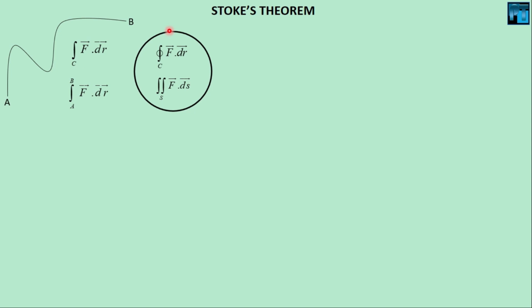So it is clear that whenever an open line closes, it encloses a surface. So any closed line actually represents an open surface. So what does it mean? It means that there is a relation between this closed line and this open surface, and there Stokes' theorem applies.